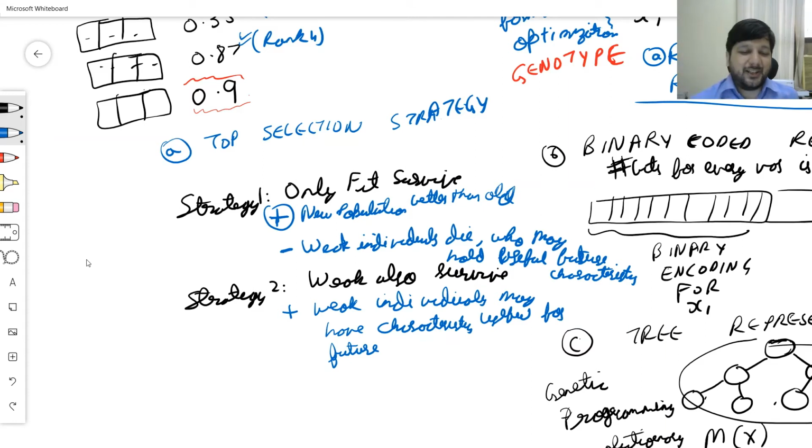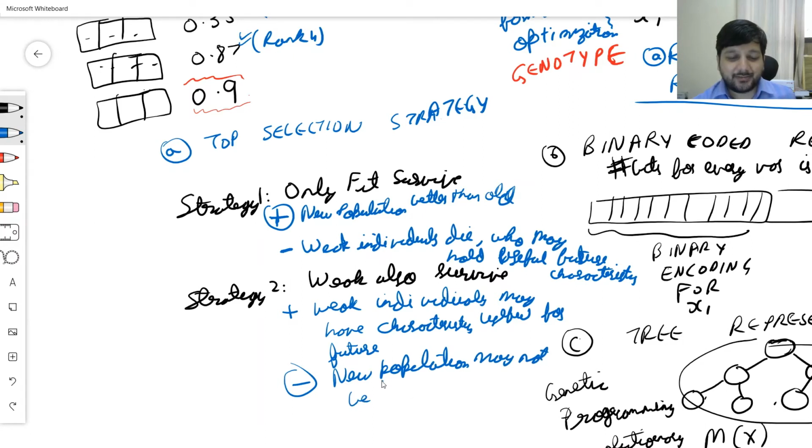So new population is better than the old, and that's exactly the con of the other one, that new population may not be better than old. Because everybody's surviving.